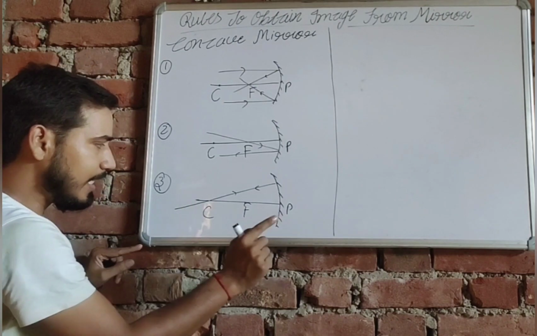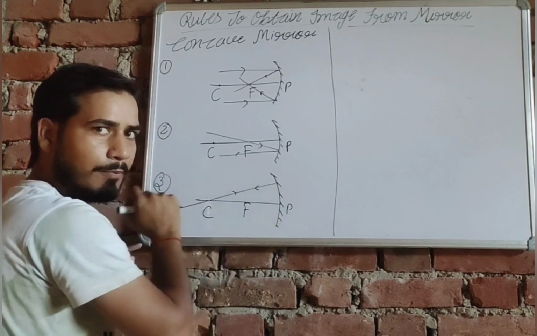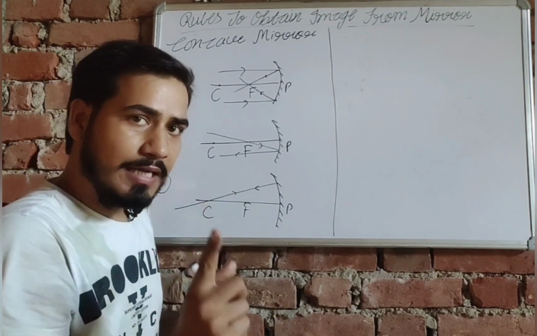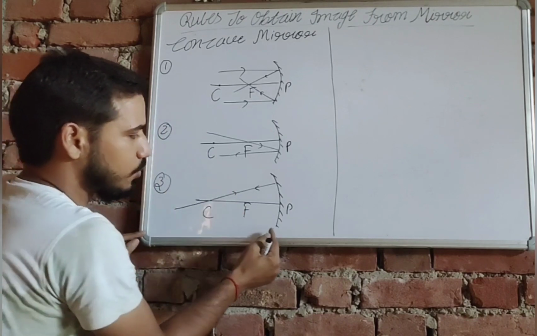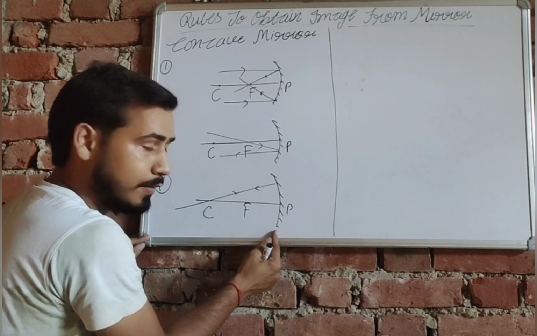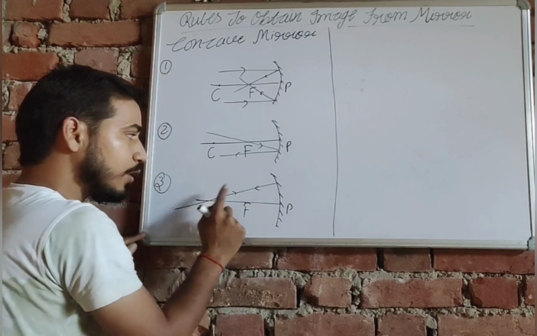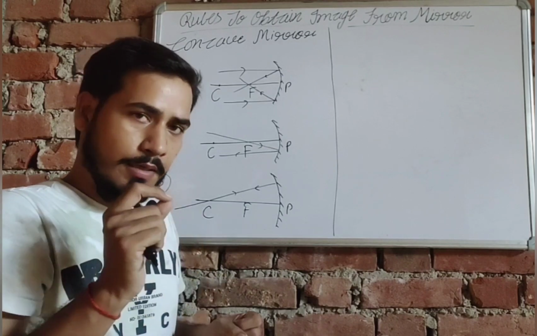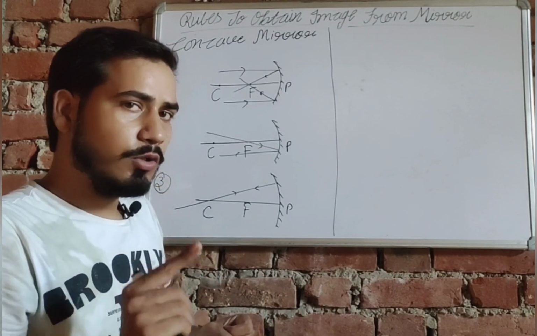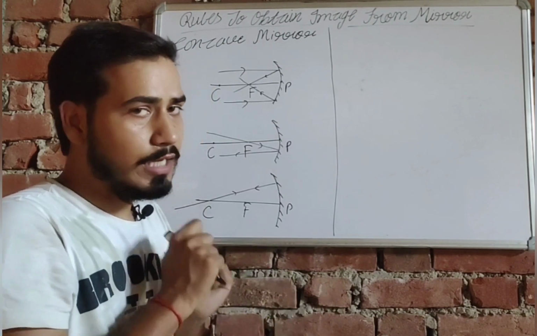It means any line passing through C to a mirror point can be considered as a radius of that sphere as well as of this elementary part of that sphere. In this way, you all know that in case of a sphere or a mirror, the radius is always normal to each point of the circumference or each point of the surface of the sphere.